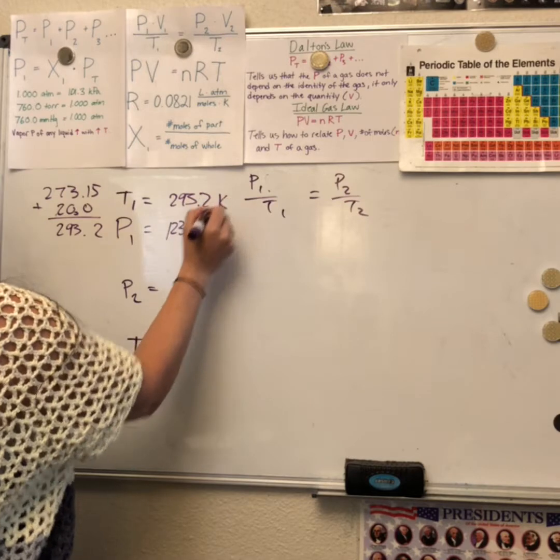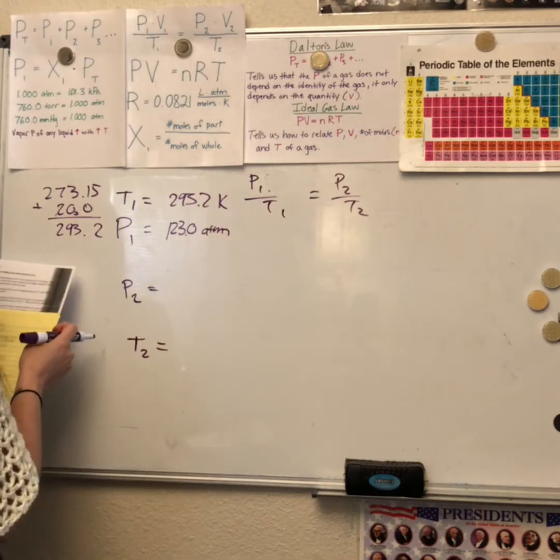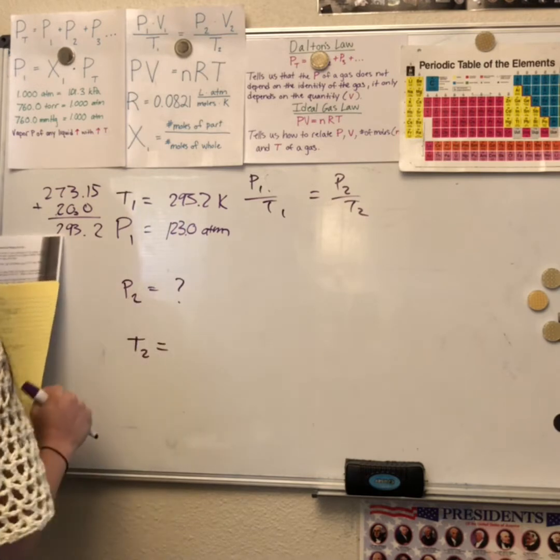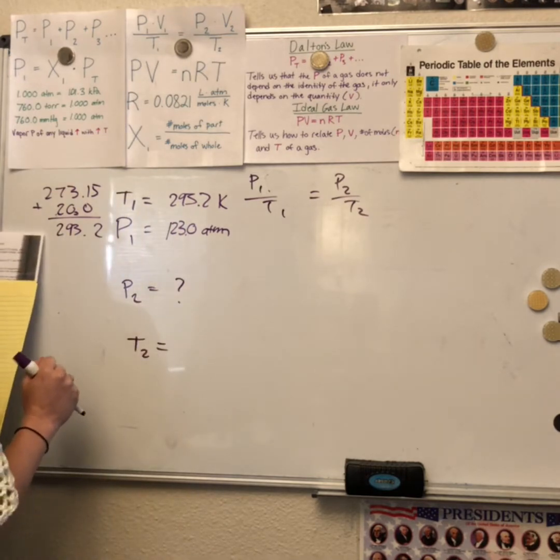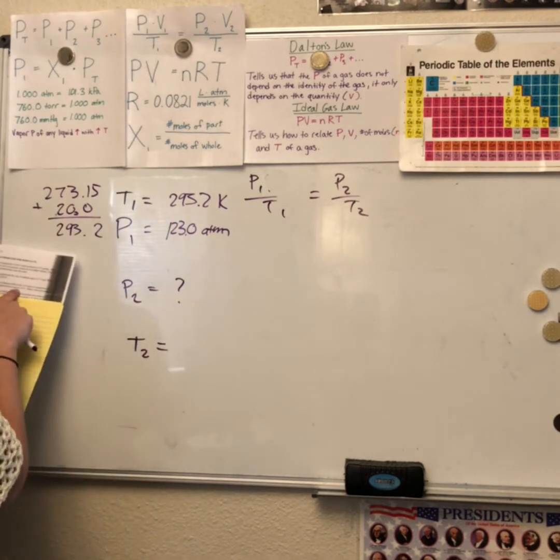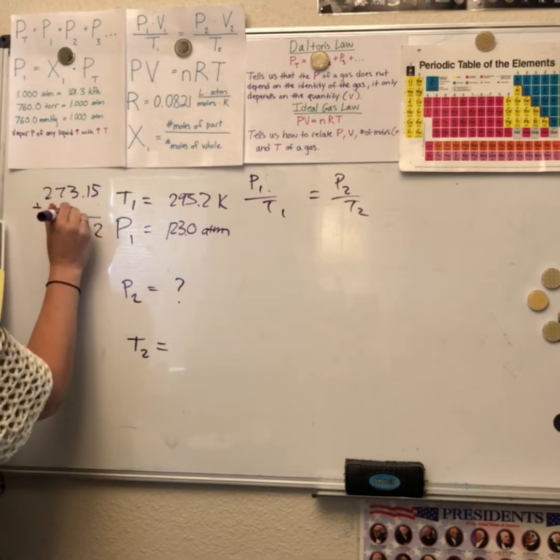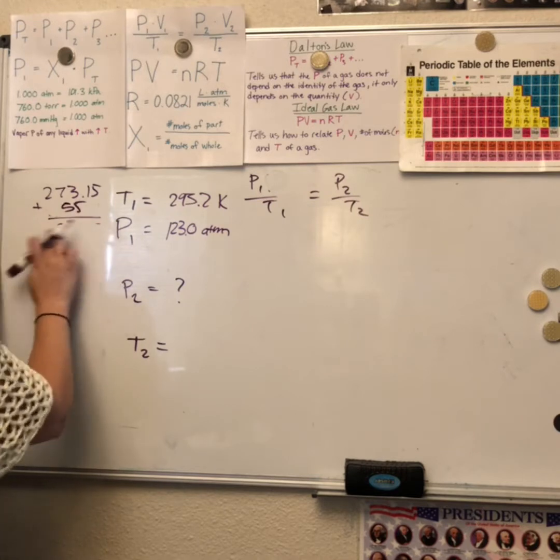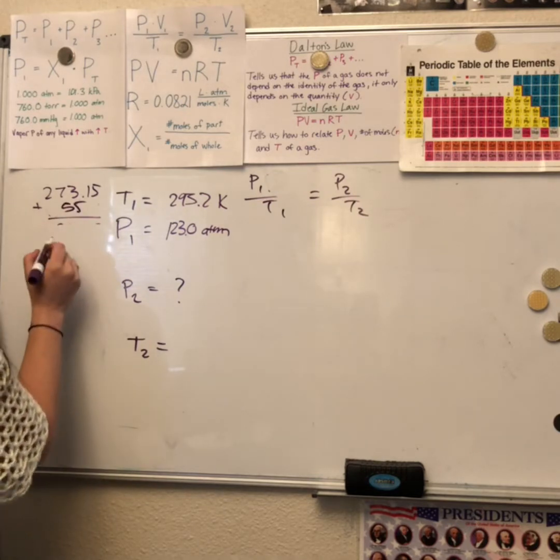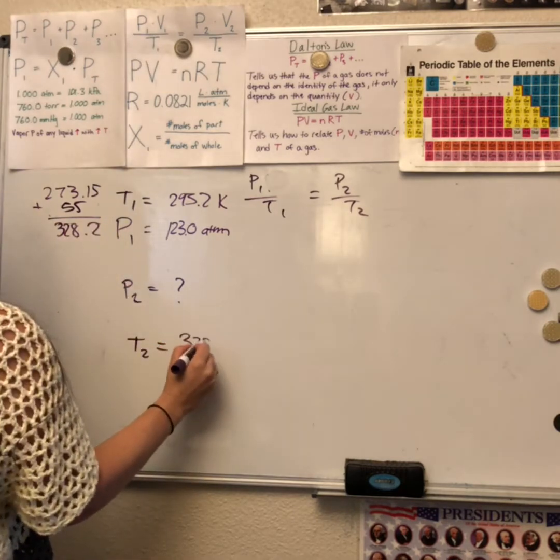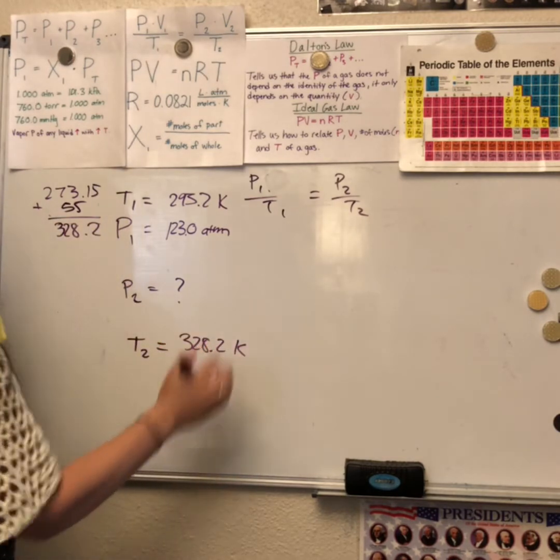And it says, what is the new pressure? That's what we're solving for. And your temperature on the other one is, it rises to 55. So if I do 55, now I'm going to get 328.2. 328 Kelvin.